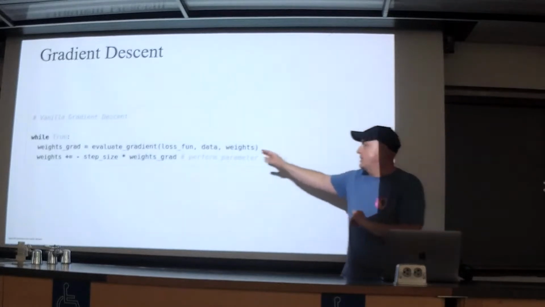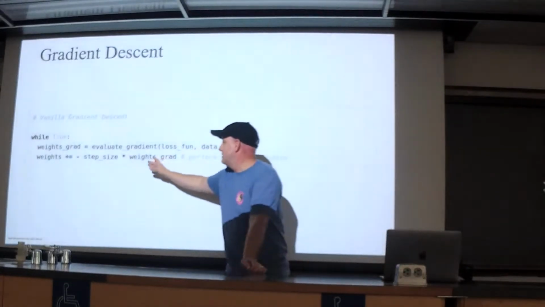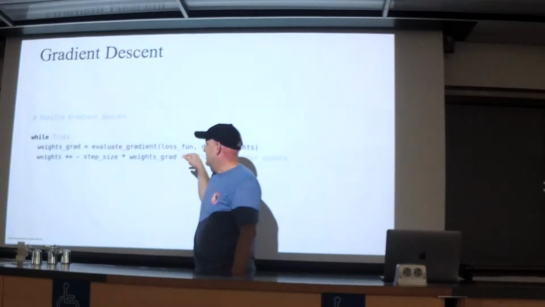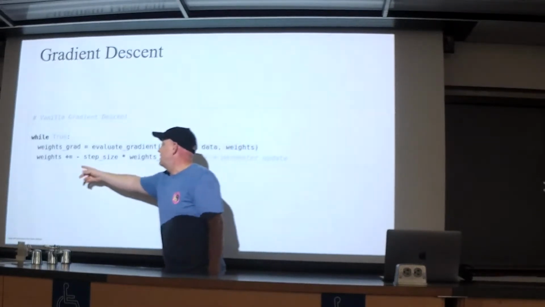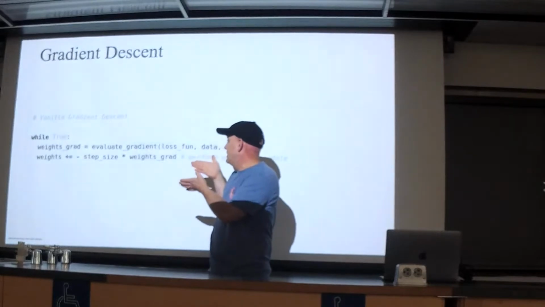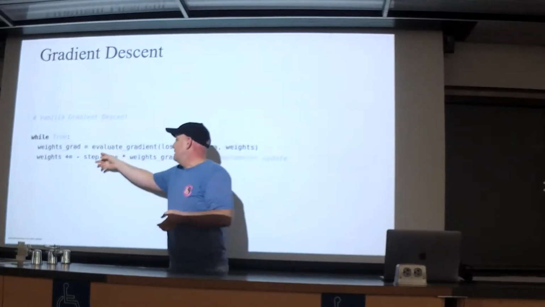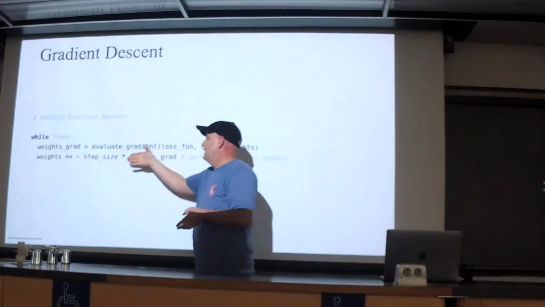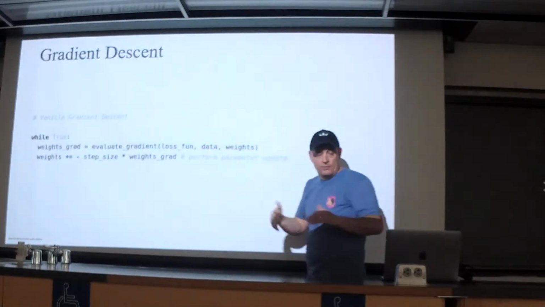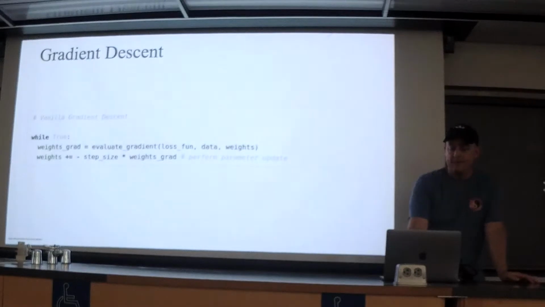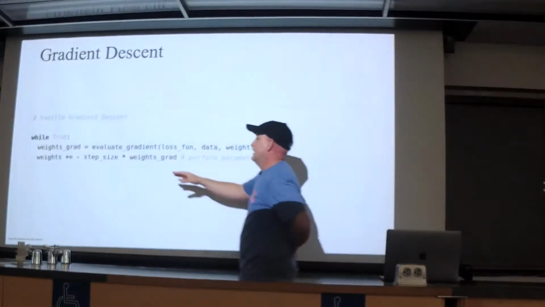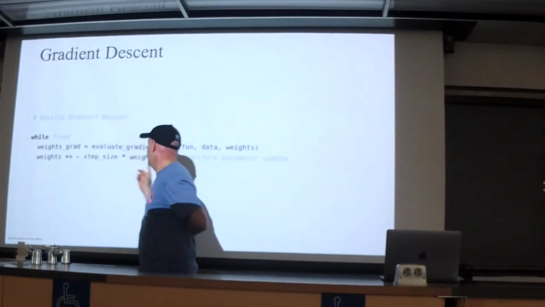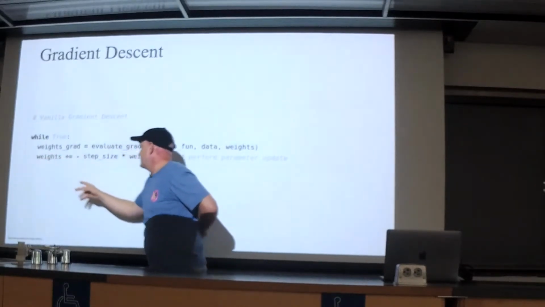So gradient descent, as we already discussed, is this idea of computing gradients and then updating our weights by taking a small step in the direction of the negative gradient. If you know Python, this is an in-place operation to add this to weights. So what is this doing?